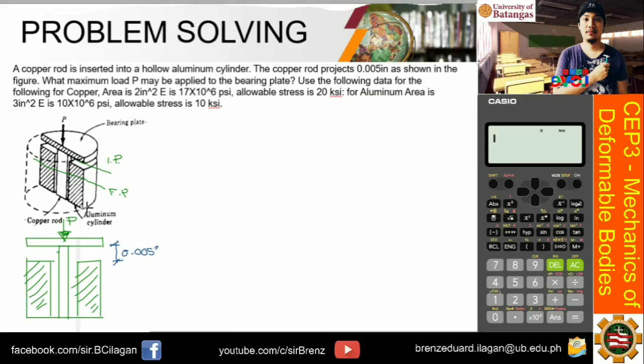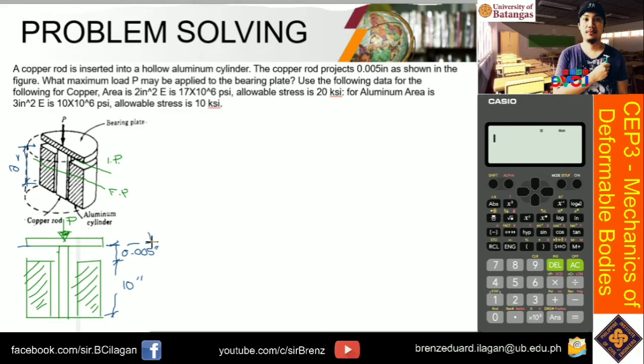Okay, so hindi lang pinakita sa drawing but ang height ng ating aluminum cylinder is, ulit ko lang dito, equivalent to 10 inches. Okay? So lagay natin dito, so that is 10 inches.